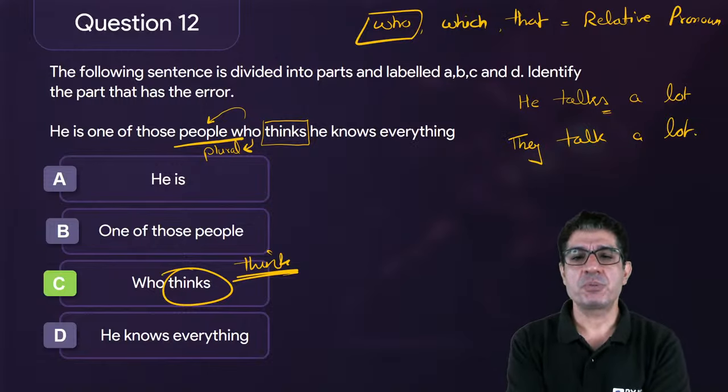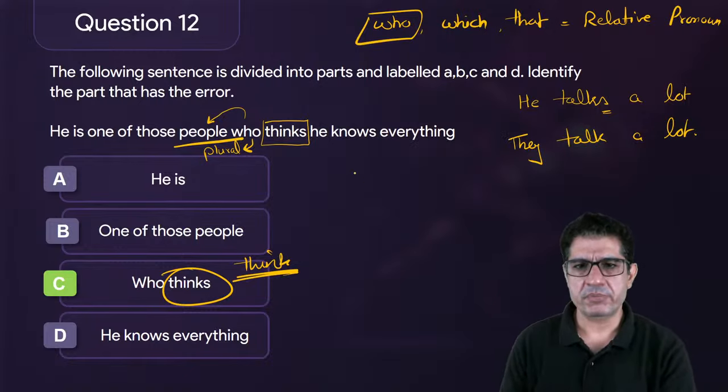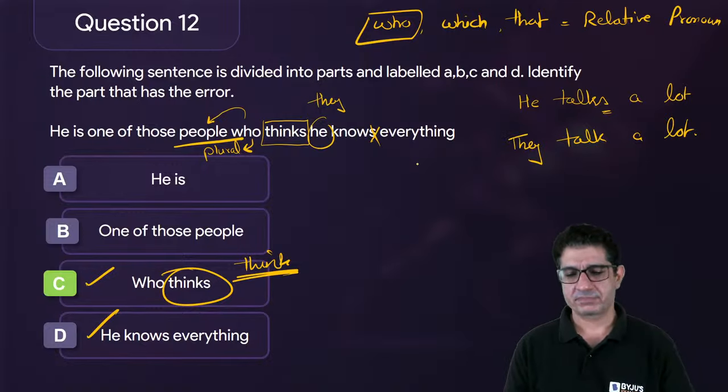She is one of those people who think. Yeah, actually, yes, there is a problem with this as well. It should have been "they who think they know everything." Oh, yeah. So if you've chosen C or D, both of them are going to be all right.